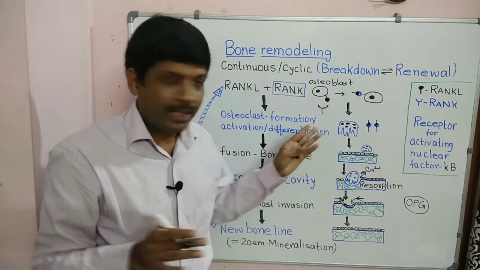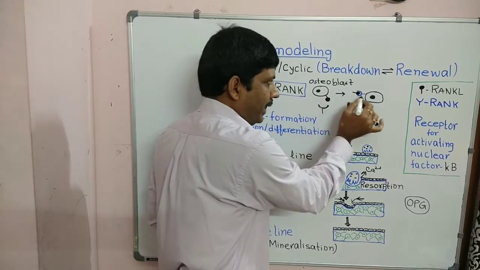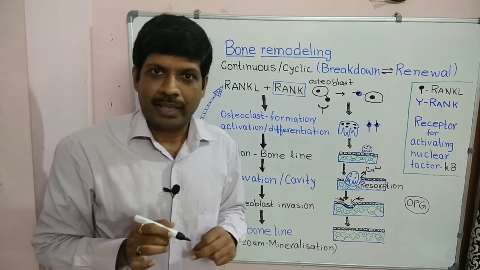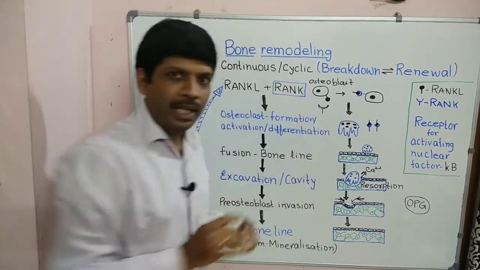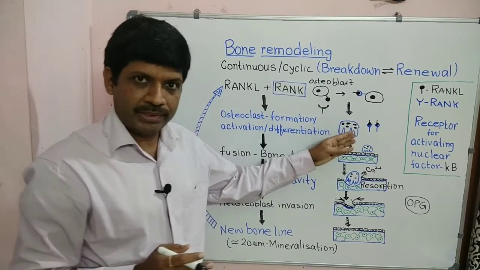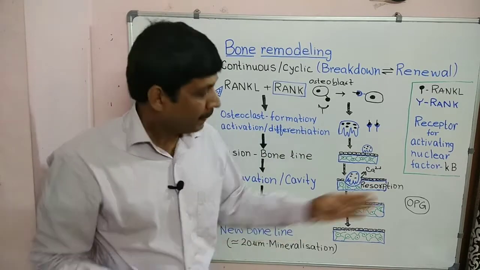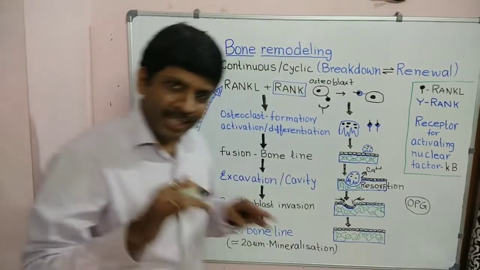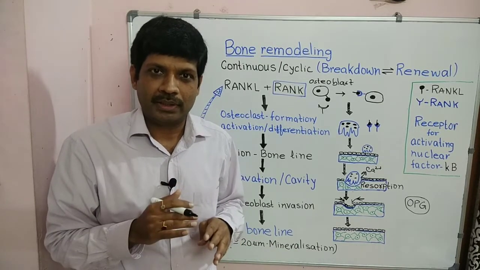And what does it do? It inhibits the binding of the ligand with RANK. Instead, it binds with the ligand itself. And thus there is no activation, differentiation or formation of osteoclast. Thus you can say that OPG inhibits or suppresses osteoclastic resorption.